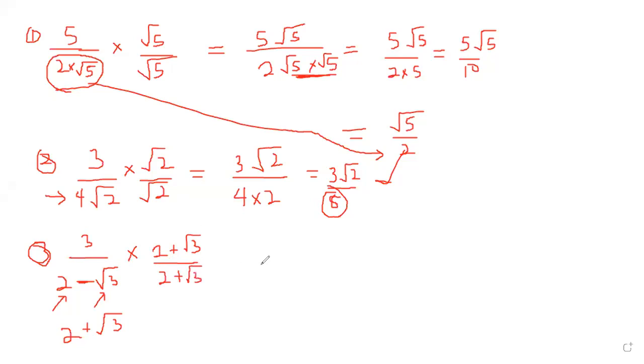Okay, so this will give us 3 times 2 plus root 3 over 2 minus root 3 times 2 plus root 3.